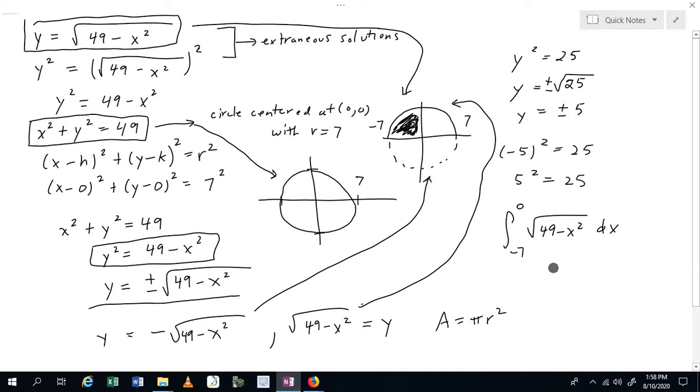So the area of this quarter piece would just be 1/4 pi times r squared, and in this case, r is 7, because that's the radius of this circle. So this would be the area of this little quarter piece, and that just happens to be 49 over 4 times pi.